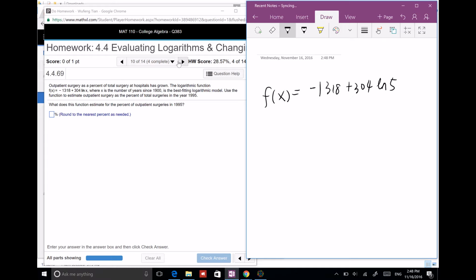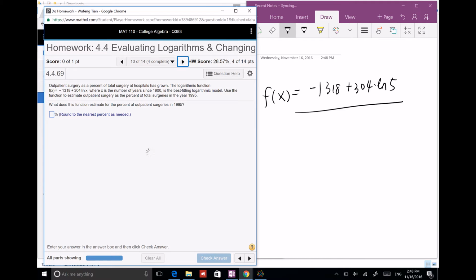What does the function estimate for the percent of outpatient? Plug it in, use a calculator to do that.